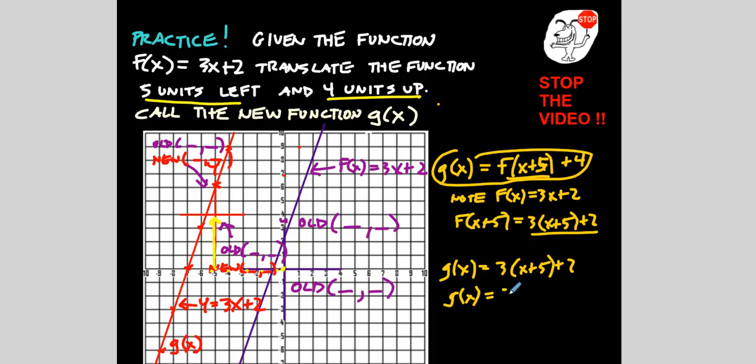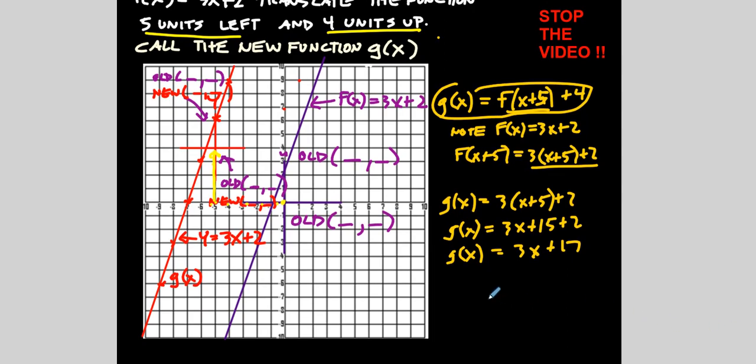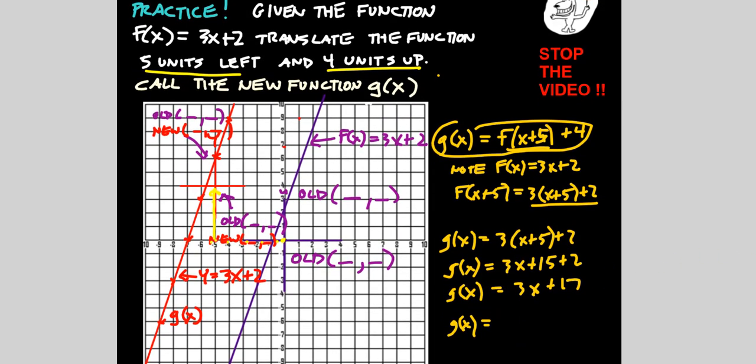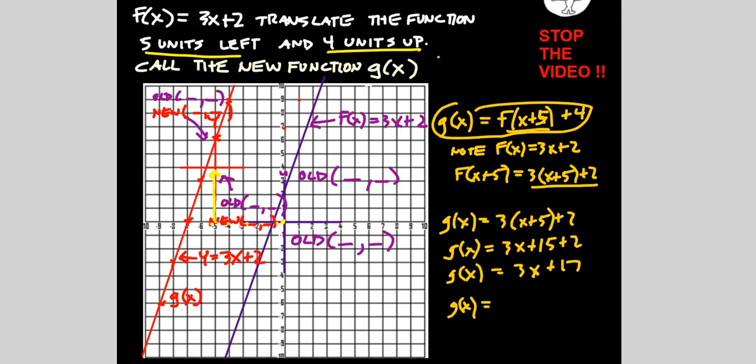Well, g of x is 3x plus 15 plus 2. So another way is g of x is 3x plus 17. Okay, that's in terms of x. Now, we could do this as well. We could go, okay, the function is 3x plus 2. So f of x is 3x plus 2.